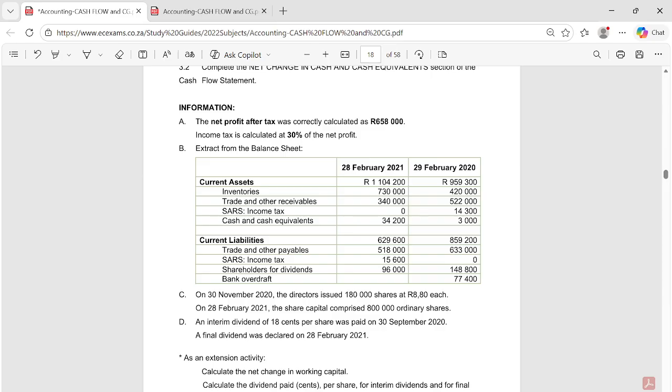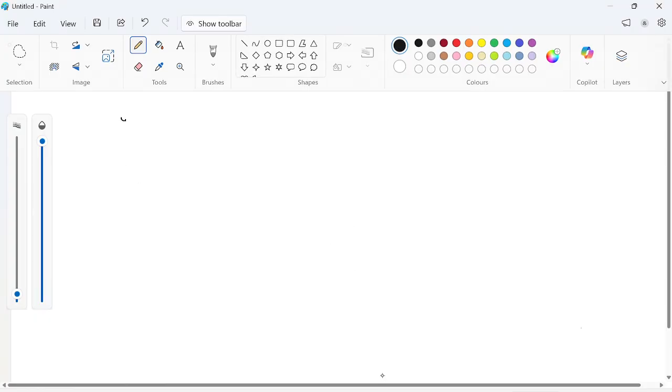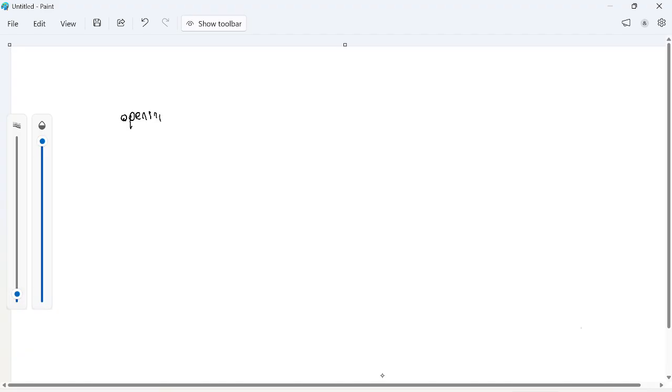Remember guys, the ordinary share, let me write here. We have the opening balance of shares plus additions will give us shares at the end, right?